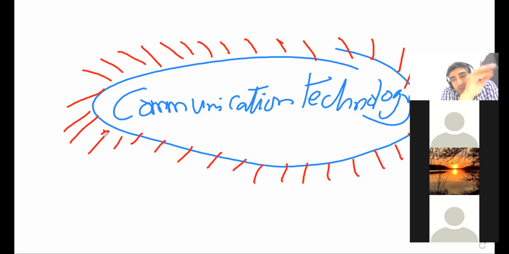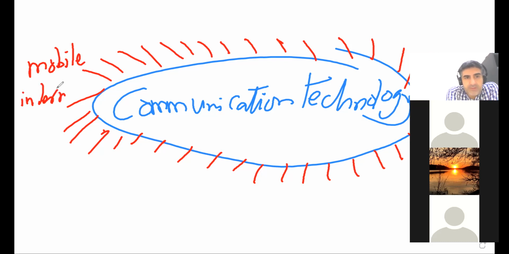I mean the keywords, Khalid, that you can use to talk about communication technology. For example, mobile. You need a mobile to communicate with people. Internet. You can say storage. Is storage related to technology?